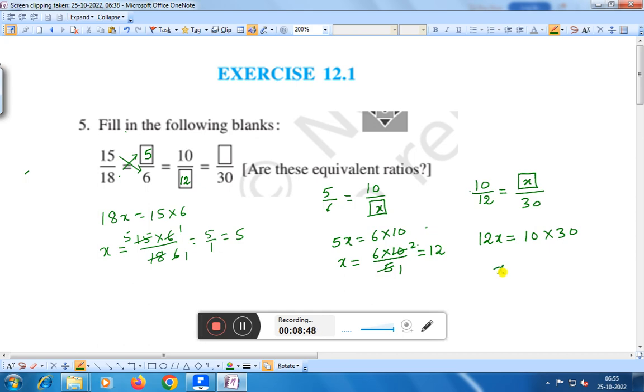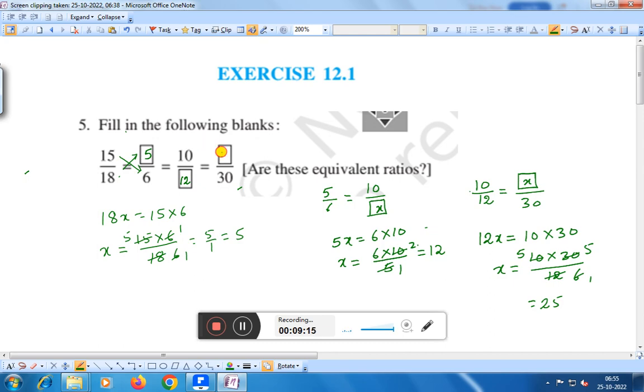Therefore, x is equal to 10 into 30 by 12. If we divide or change into lowest terms, 2 sixes are 12, 2 fives are 10, 6 ones are 6, 6 fives are 30, 5 fives are 25. Therefore, the value here is 25.